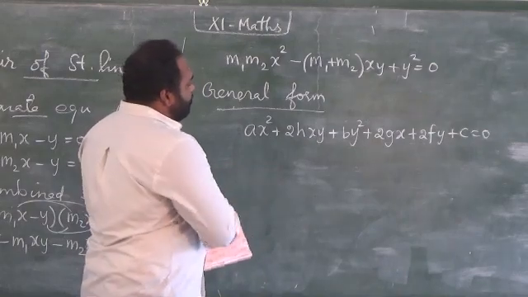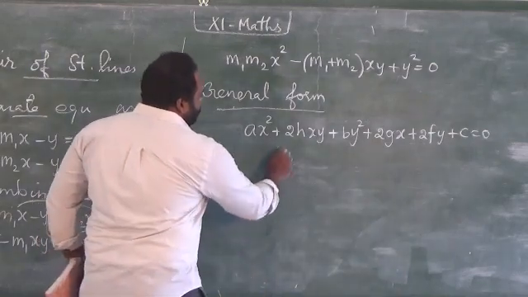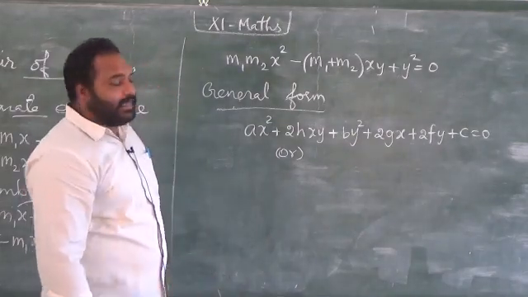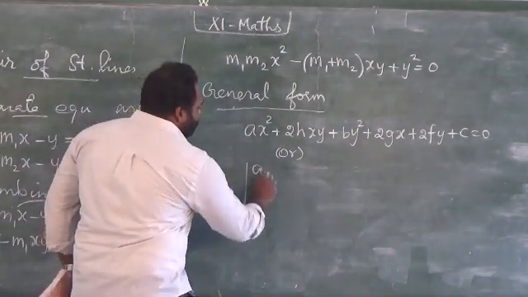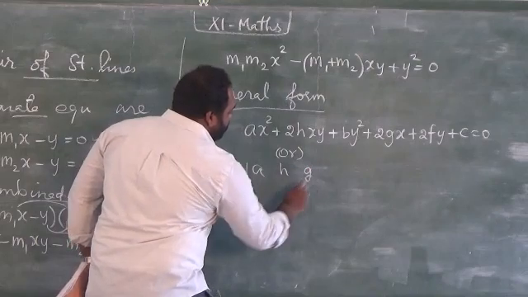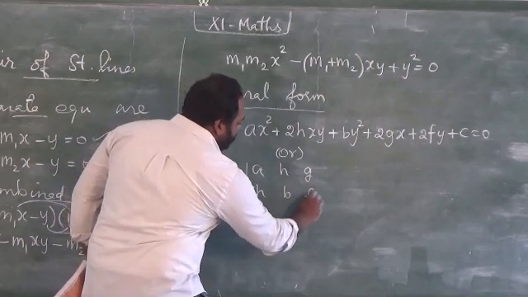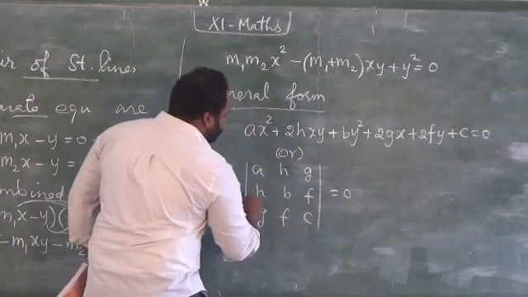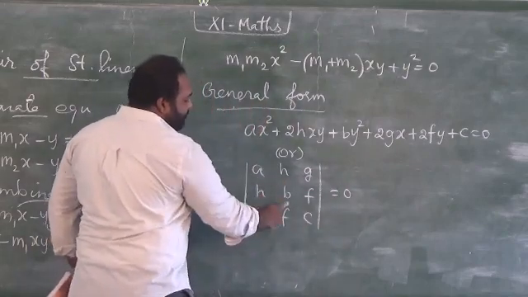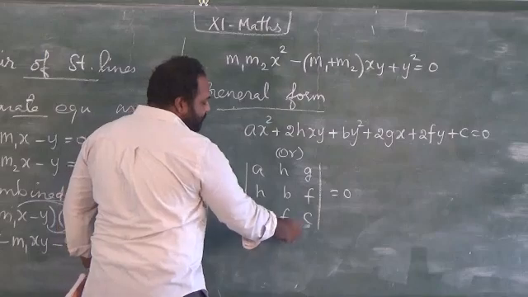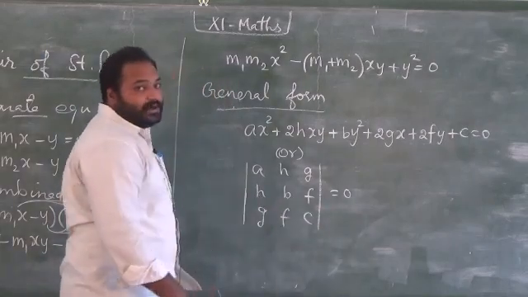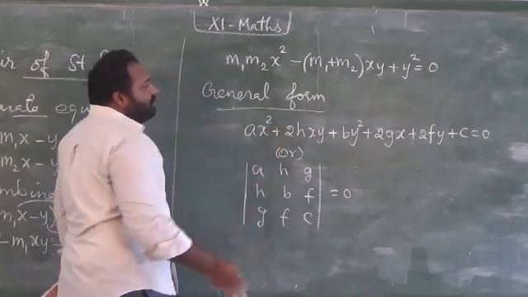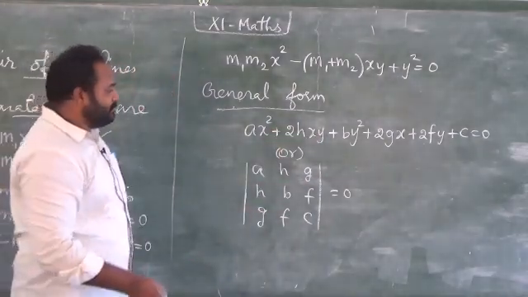Another format we have is the determinant formula: the determinant with rows a, h, g; h, b, f; g, f, c equal to 0. This is also another formula. We can use both formulas for a pair of straight lines.